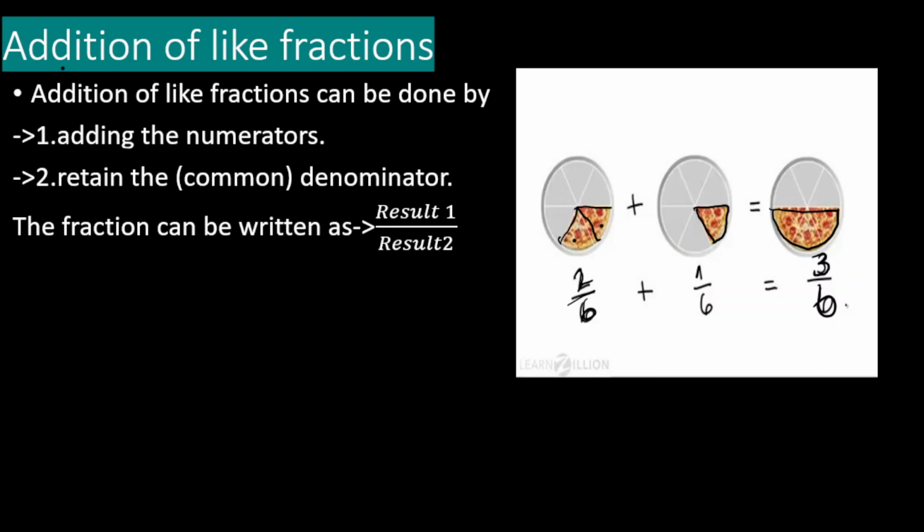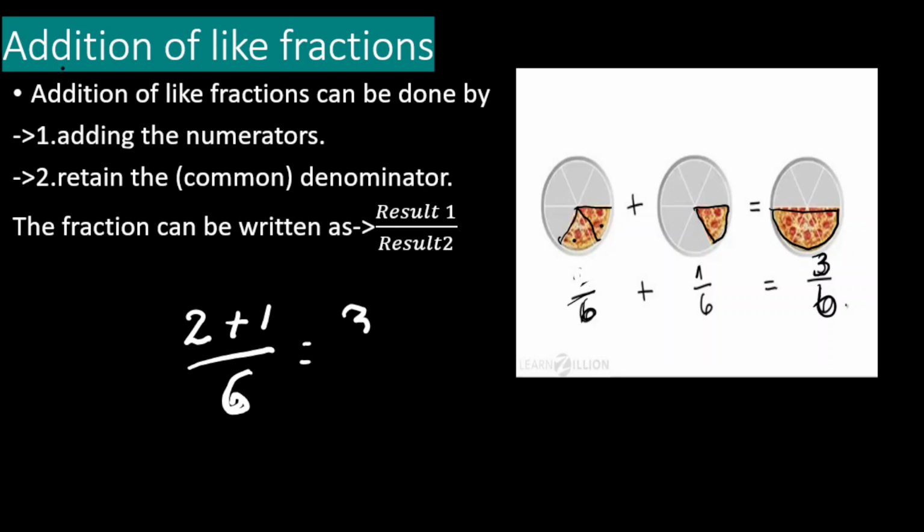And here, how we are performing the addition operation is just by combining the numerators. To perform the addition of like fractions, we need to add the numerators and just retain the common denominator. Here the numerators are 2 plus 1 and the common denominator is 6.